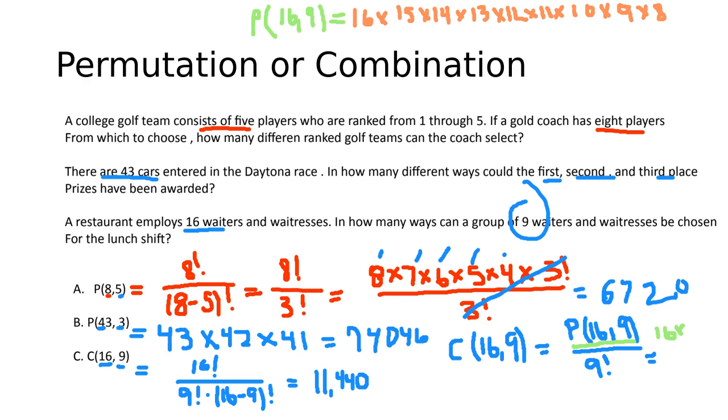Okay. So let me just double check it and use a calculator. 16 times 15 times 14. And some of your calculators actually have the permutation and combination in there that you can use as well.